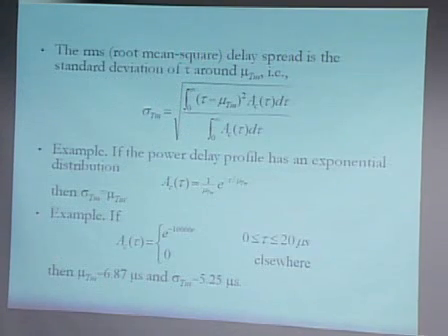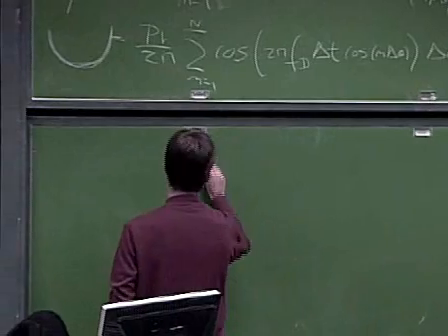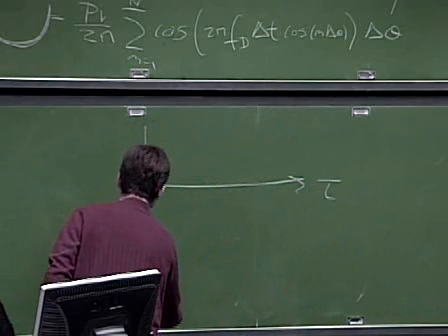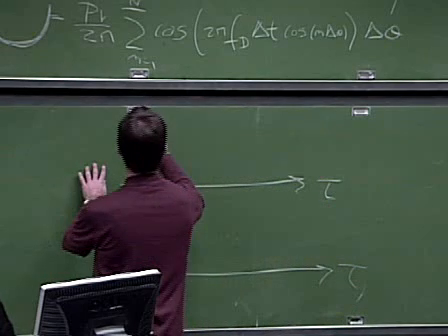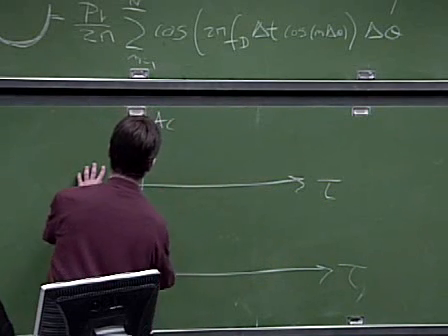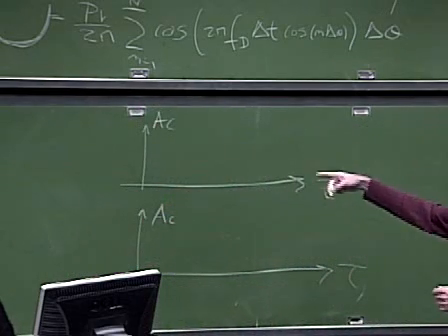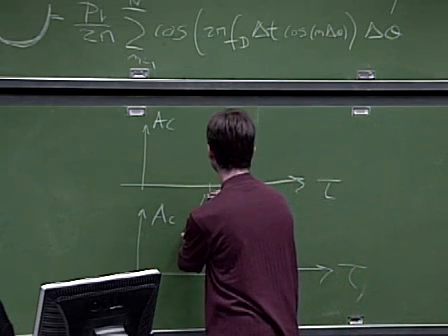So let me use a plot to illustrate this. I'm going to plot two different functions, two different power delay profiles with the same mean, mu sub t.